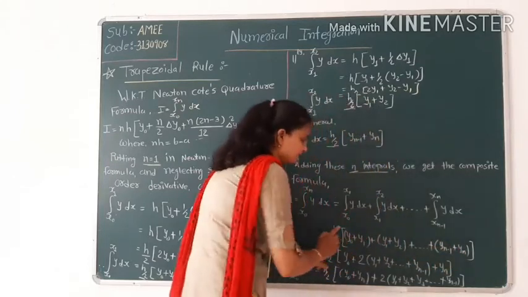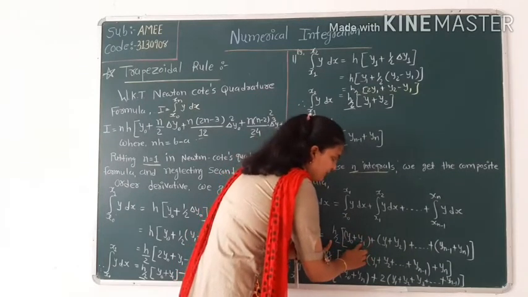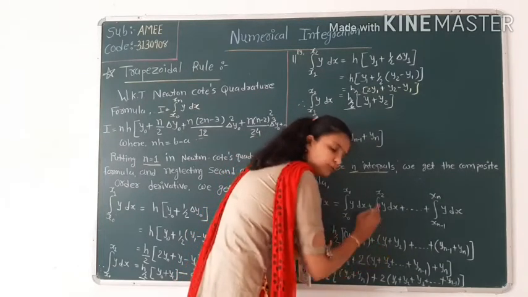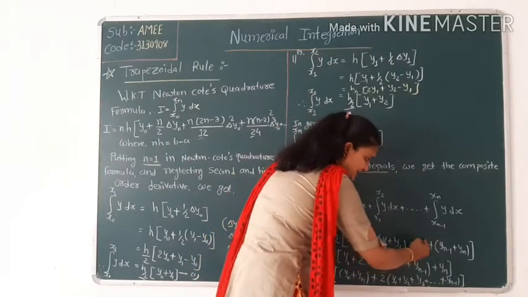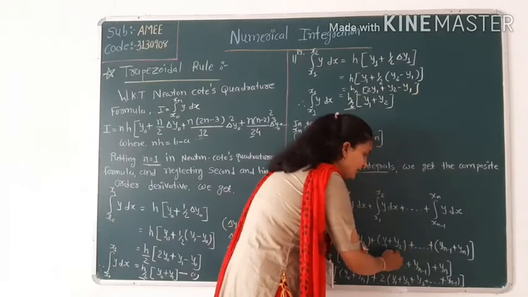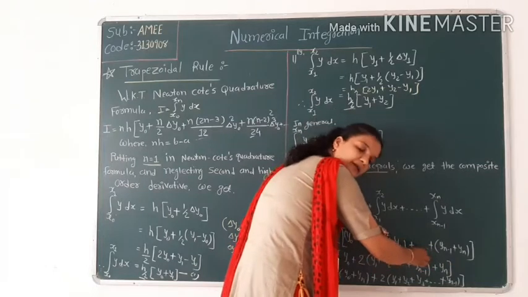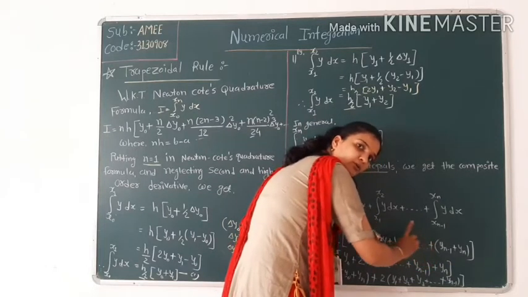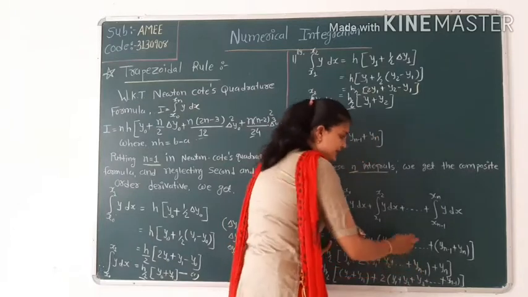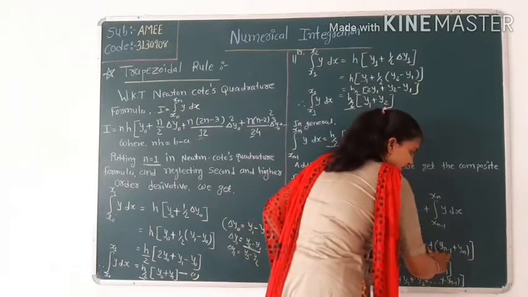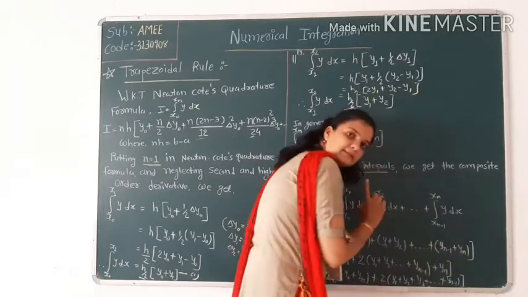So we have the first term y0. Then y1 plus y1, so 2 times y1; in the same way y2 plus y2, so 2 times y2; in the next term y3 plus y3, so 2 times y3, and in general yn minus 1 is 2 times, and the last term yn is 1 time.